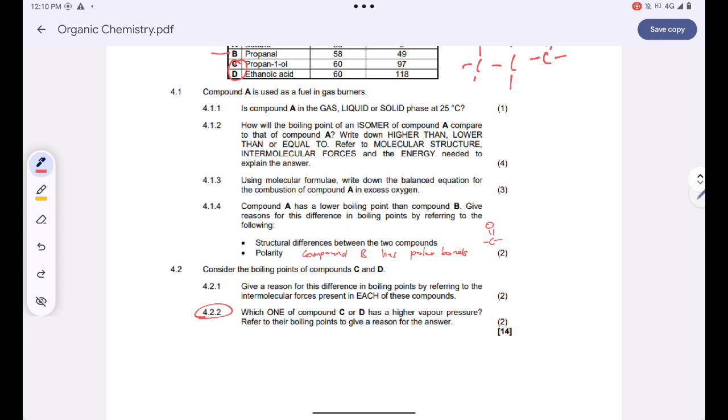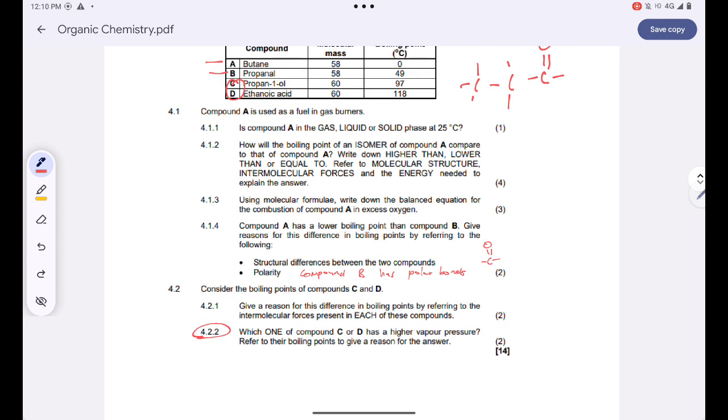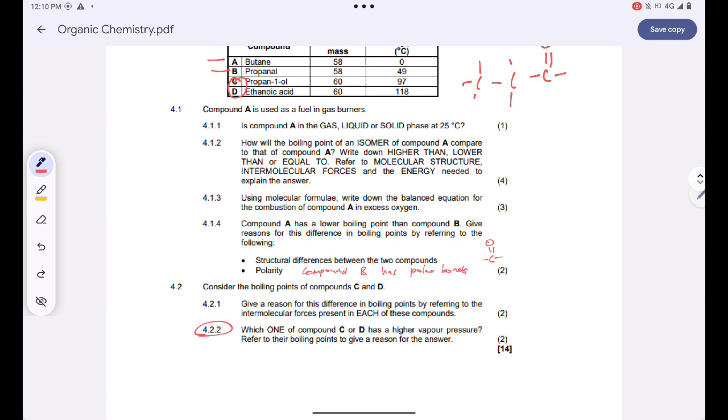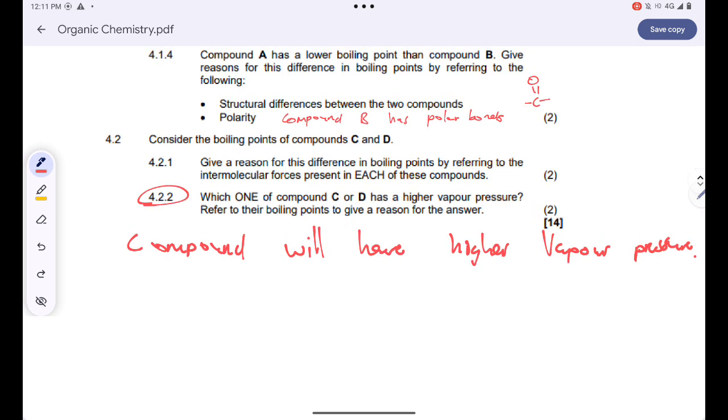Between the two, I'm comparing compound C or D. Okay, compound C will have a higher vapor pressure. All right, together.